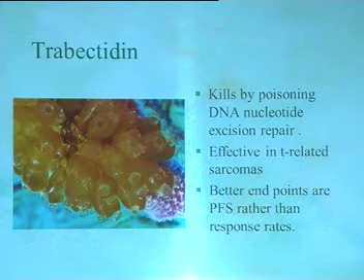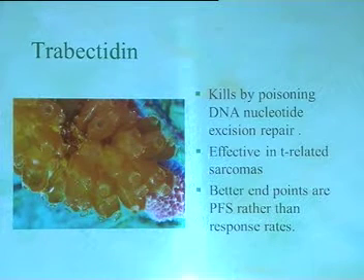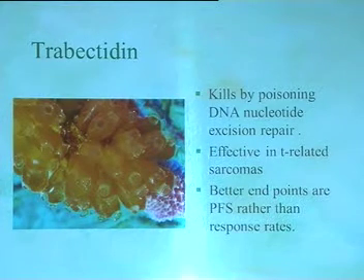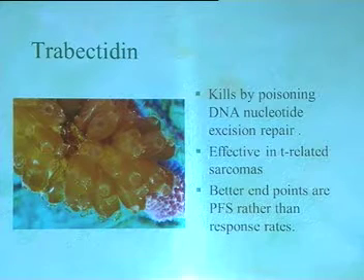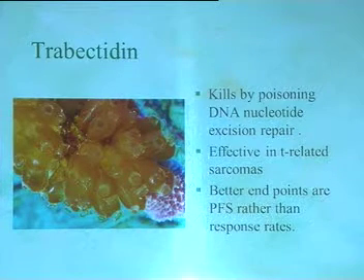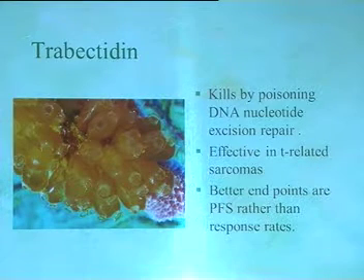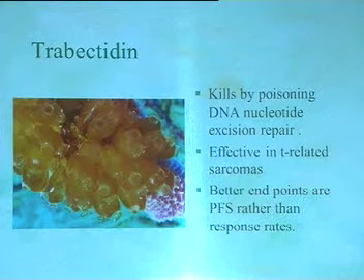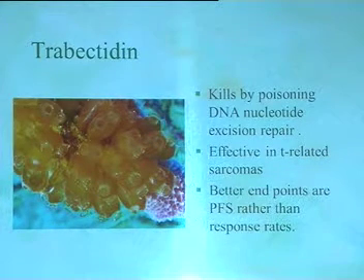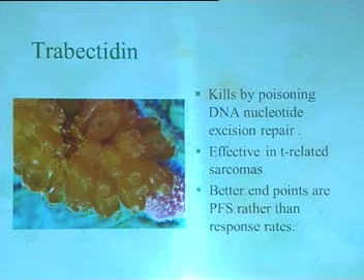Now, trabectedin, most of the other drugs you know, trabectedin, very interesting. How it was discovered was that in the 60s and early 70s, the US government was funding the search for effective agents which may be present deep down in the sea.